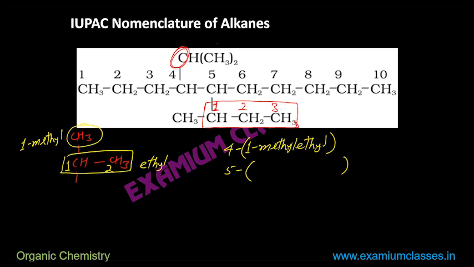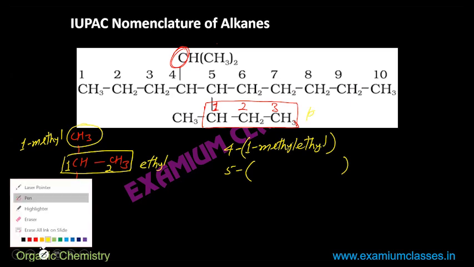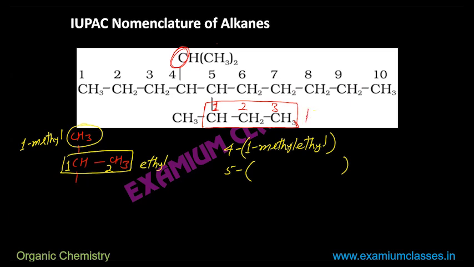I will call it propyl, not propane. In the main chain, it would have been propane. Here, I will call it propyl. Then on first carbon, I have 1 methyl group attached. 1 methyl. It means the name of this one will be 1 methyl propyl.